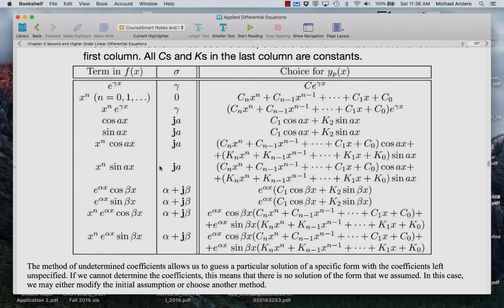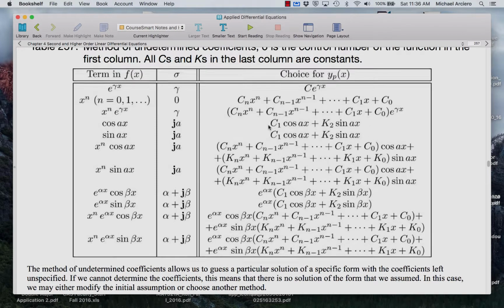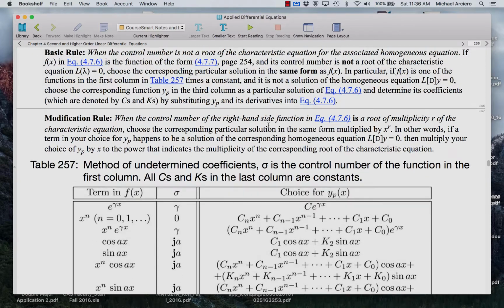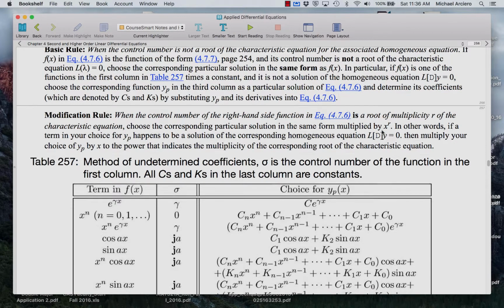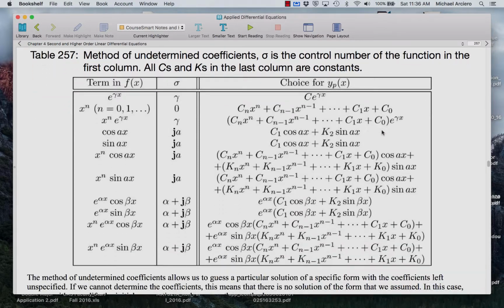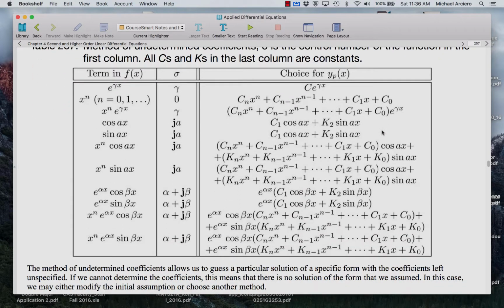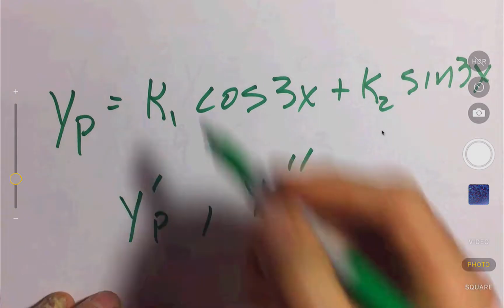So we have to modify our basic form. So our basic form is over here. So how do we modify that? Well, we're supposed to modify it by multiplying by x. So here's the modification rule. When the control number is a root of multiplicity r, you multiply the corresponding form by x to the r. So here r is equal to 1 because it's a root of multiplicity 1. We'll take our form of the particular solution, multiplying by an x.